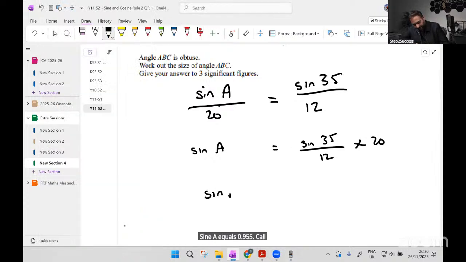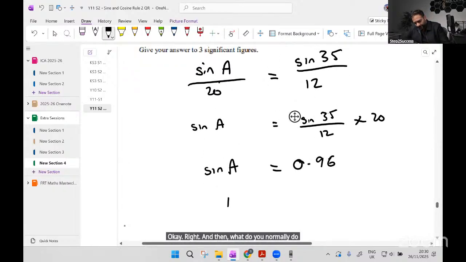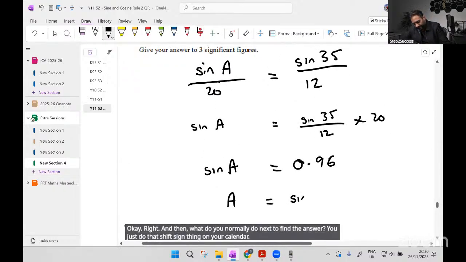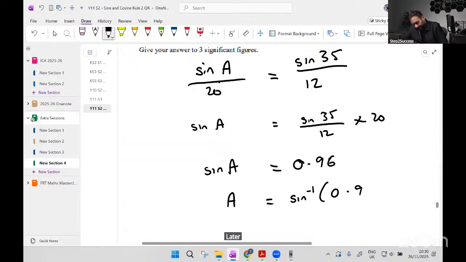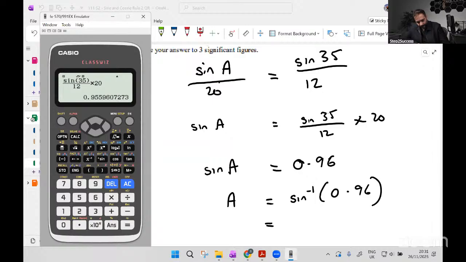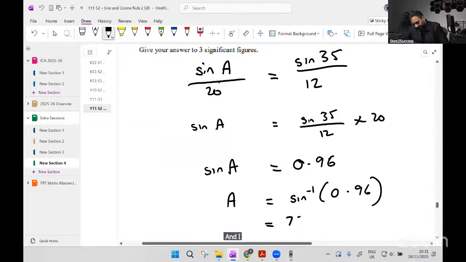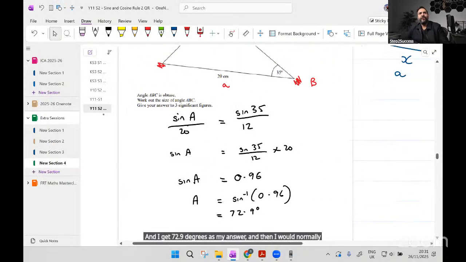Call it 0.96 for now. And then what do you normally do next to find the answer? You just do the shift sine thing on your calculator, and I get 72.9 degrees as my answer. And then most people would just move on.